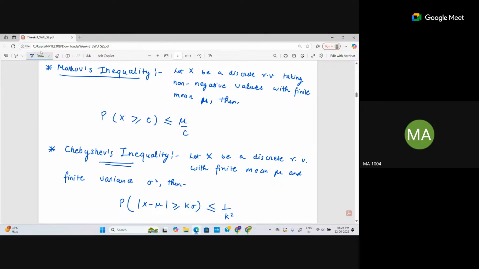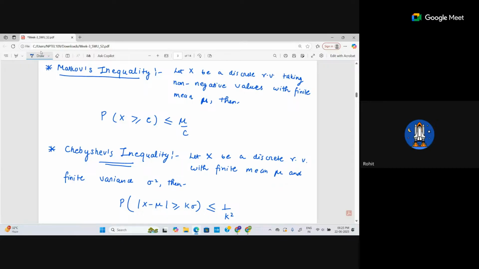We use these inequalities to get a bound when we don't know the exact distribution of a random variable.